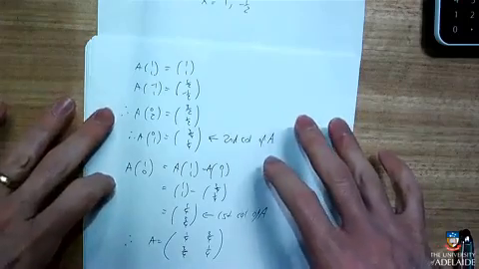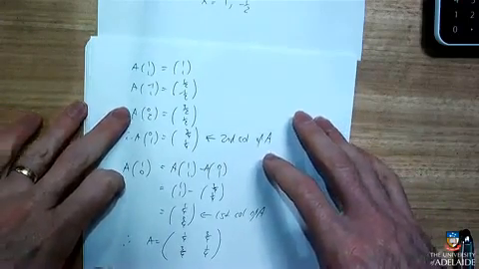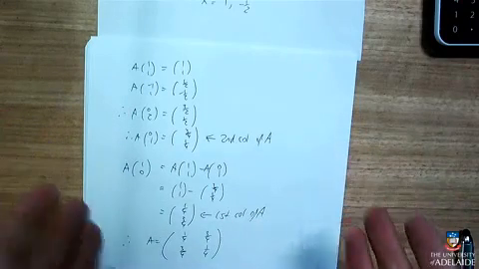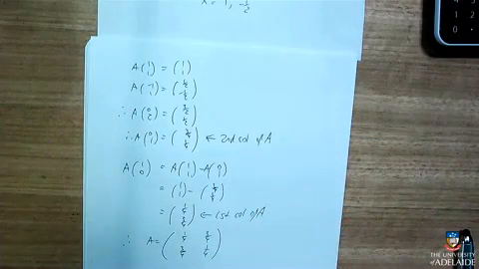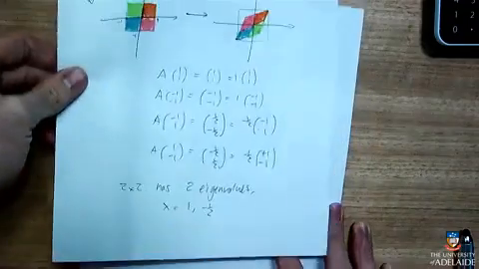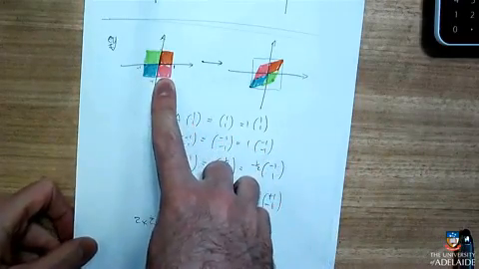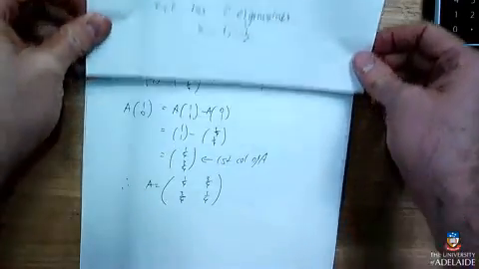So this is a little bit of the sort of thing that you go on when they tell you what the linear transformation does to some vectors and you have to figure out what the standard matrix is. It's exactly this working. Cool. So the only other thing that might happen is that your picture here might turn into not a box anymore. So I just want to do that one as well.